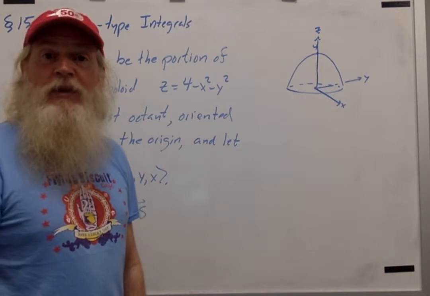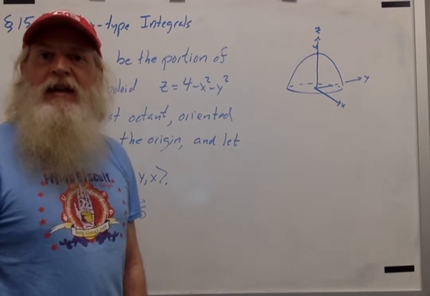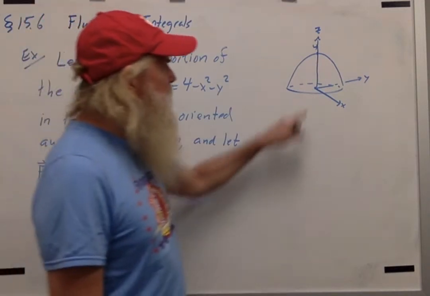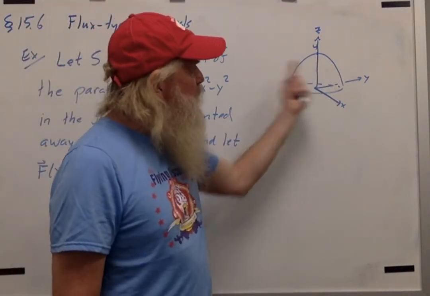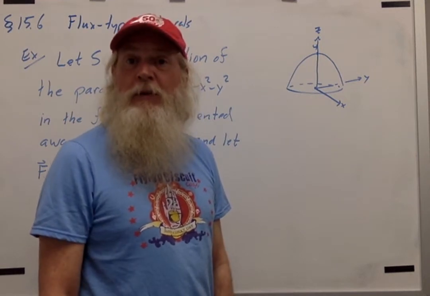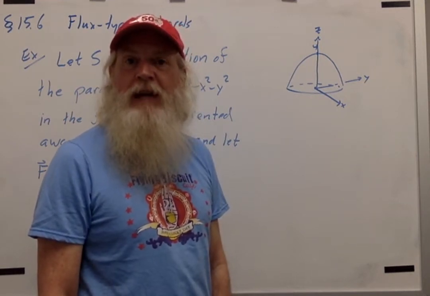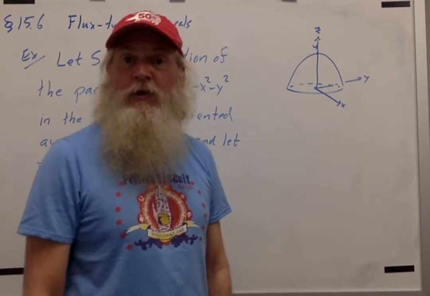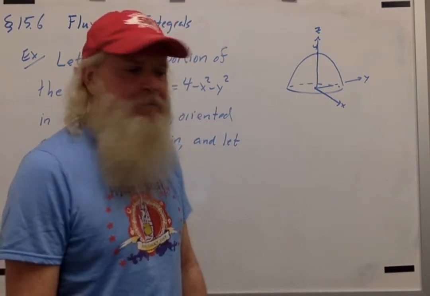I think that what we would see if we did it that way is that the calculations are going to be a little bit more difficult because we're not taking advantage of the fact that this shape has symmetry about the z-axis. So the better way to parameterize is going to be to adapt cylindrical coordinates. So just make a mental note that we're going to use cylindrical coordinates when we parameterize.